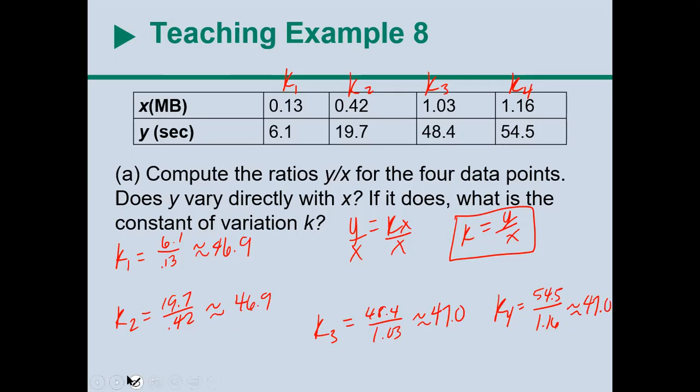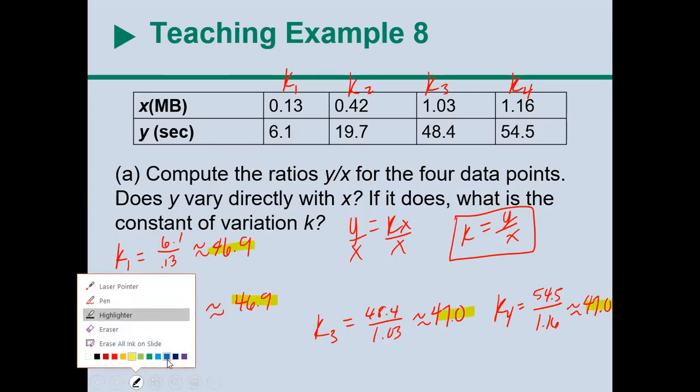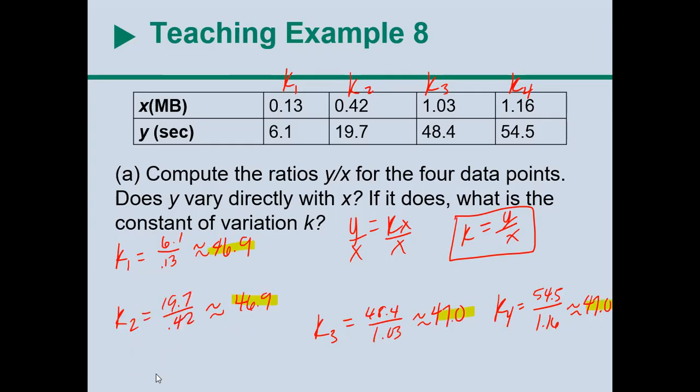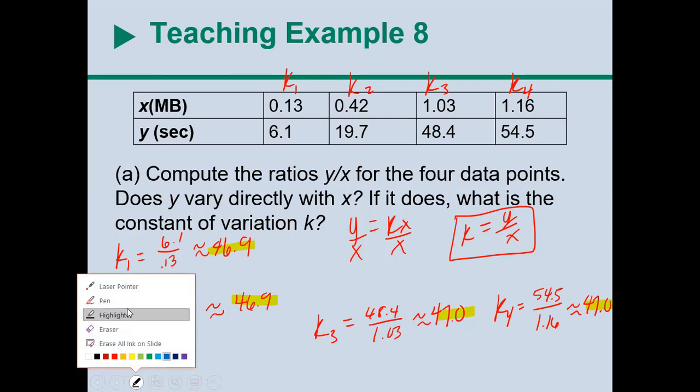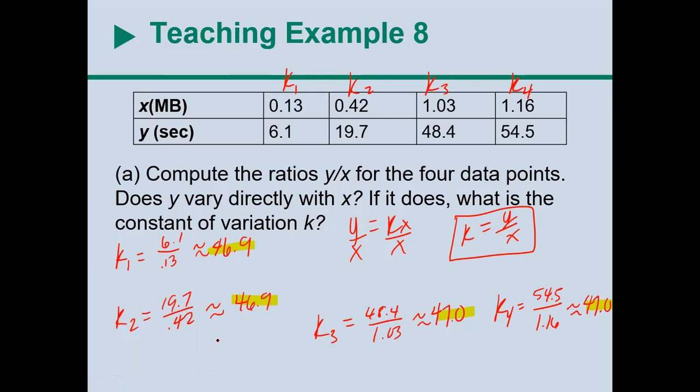So analyzing these numbers, are they all approximately the same value? Yes, they are. They are all approximately the same value. So therefore my k equals about 47.